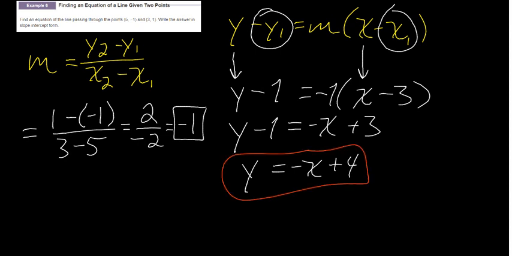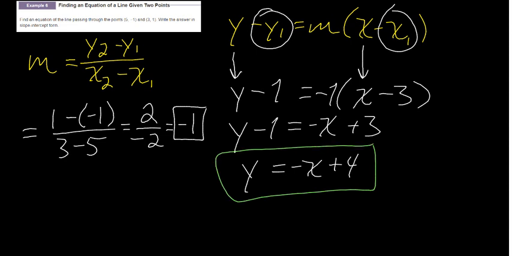Boom. Let's put it in green. Y is equal to negative x plus 4. Remember that, because I'm going to erase it. For that route, I chose this point. Now I'm going to show that I can use this other point.